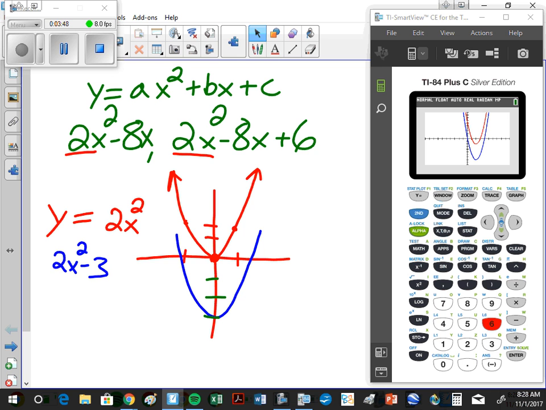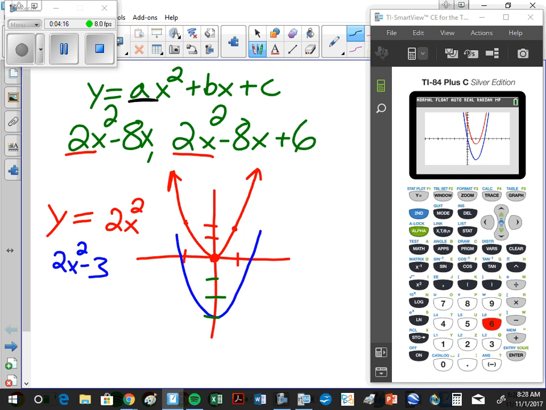So in our generic equation, A tells us two things: which direction it opens and how tall or short the parabola is. Everybody understands that, right? What does C tell us? Do we move the vertex up or down? So C will move the parabola up or down.